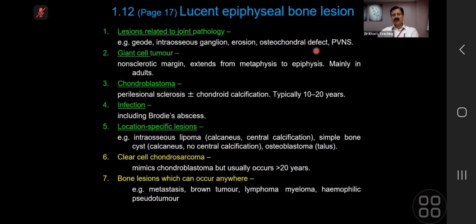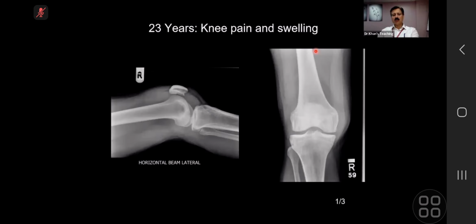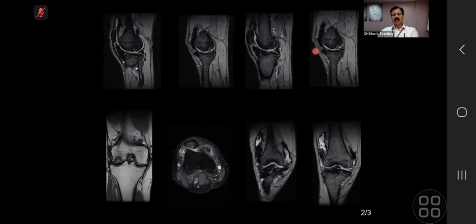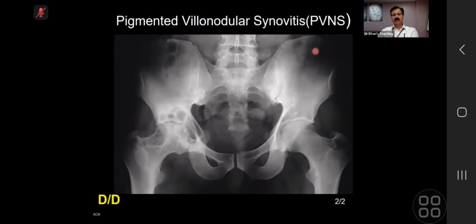But PVNS. In PVNS, what happens is that there is proliferation of the synovium, and it produces a villonodular mass. And sometimes it goes into the bone, so there is osseous extension.